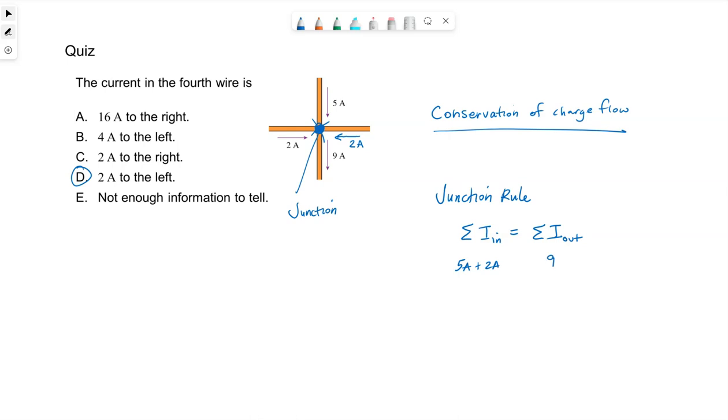Our picture shows us 9 amps flowing out. These two sides need to be equal to each other, but they are not yet equal to each other. We only have 7 here. That means we need another 2 amps in to add up to be the 9. And that's why I had to draw my 2 amps flowing into the junction, towards that junction, to make sure that charge flow is conserved.